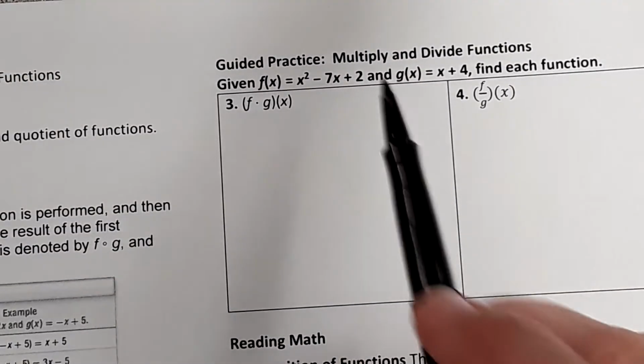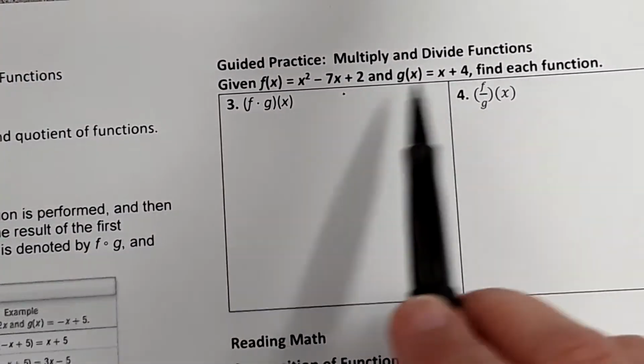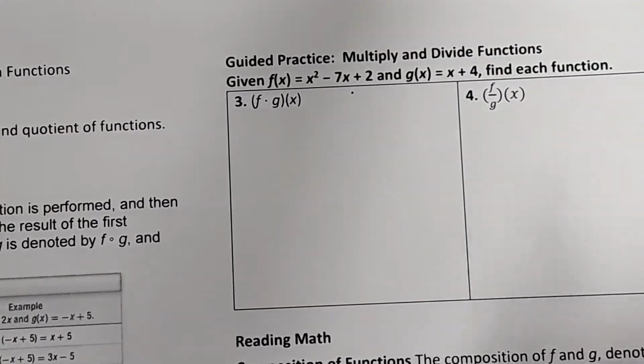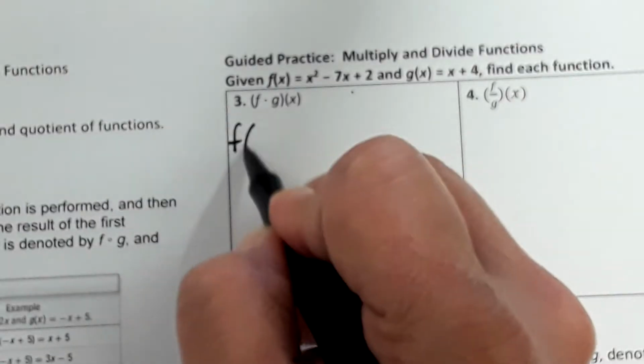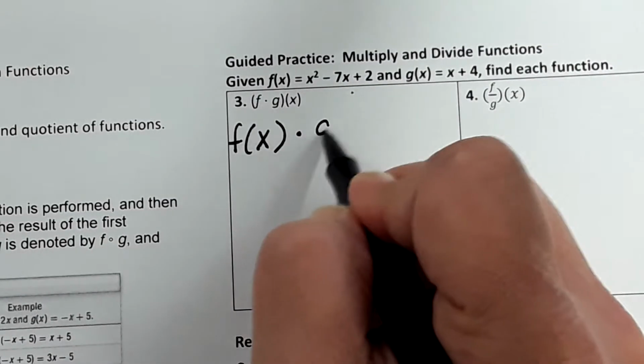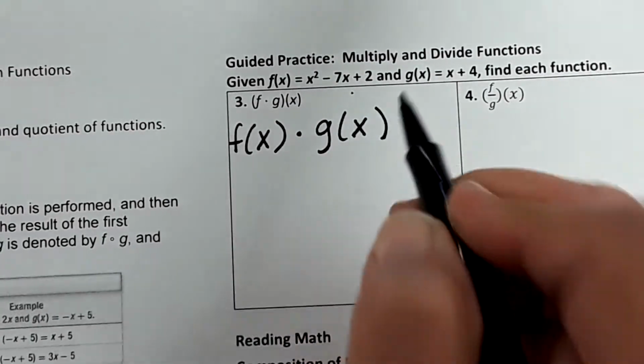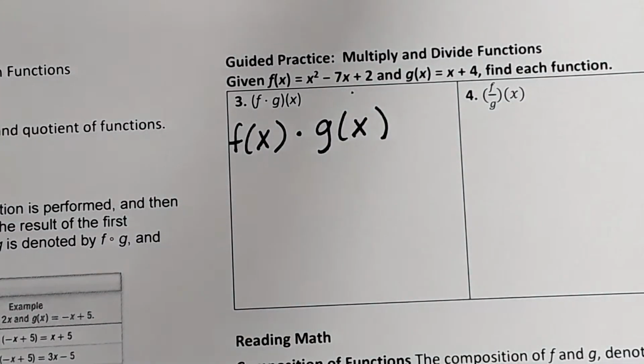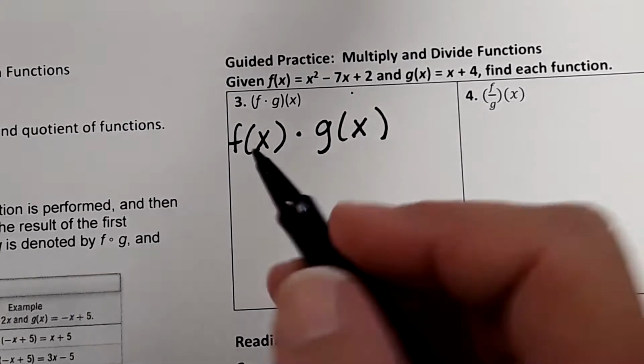Now, if you look, we actually have 2 new expressions. So we're going to do f of x times g of x. So basically, we're going to FOIL, right? We're going to distribute. We've been doing this. We did this just in the practice problems.